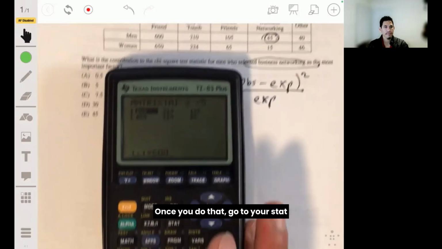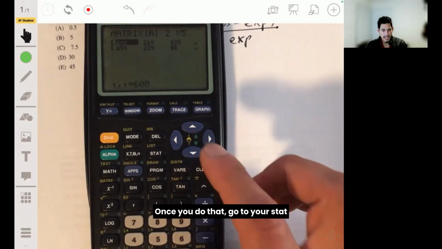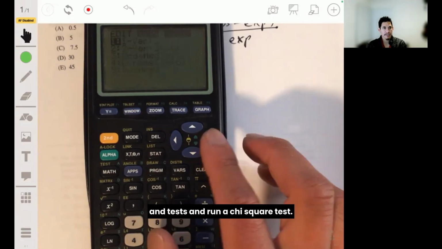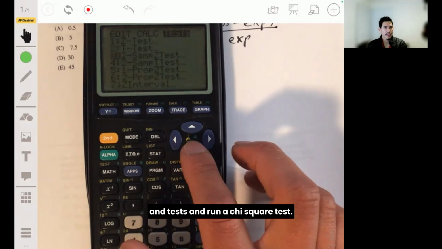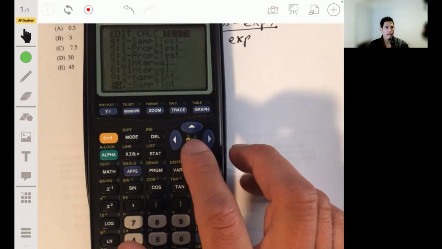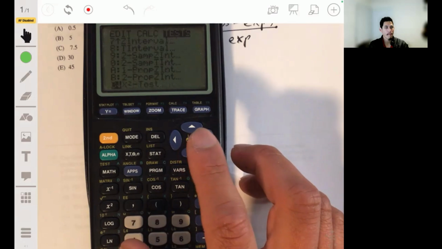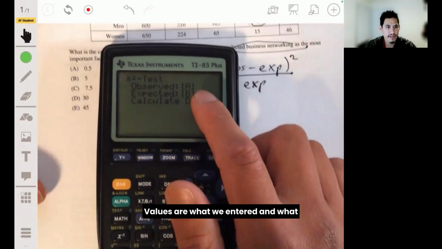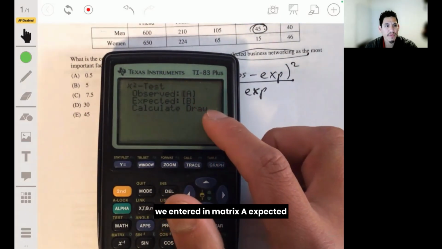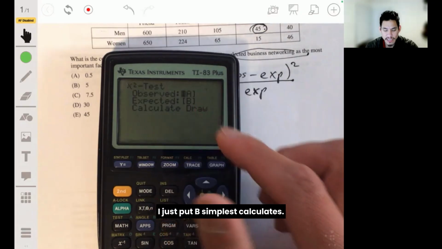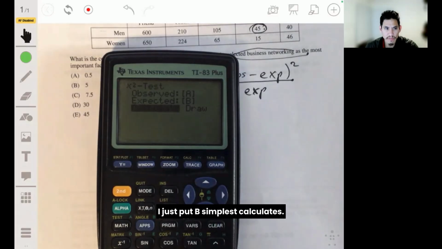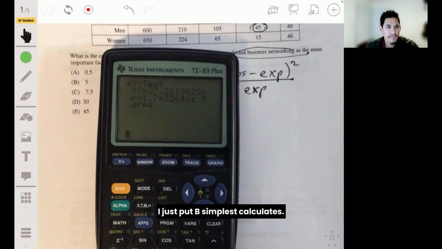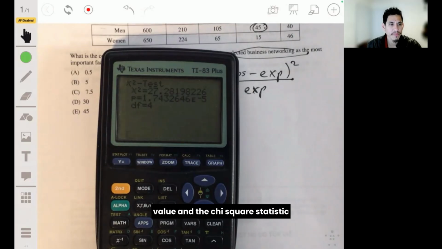Once you do that, go to your stat tests and run a chi-square test. There we go. The observed values are what we entered in matrix A. Expected can be any other matrix. I just put B because it's simplest. Calculate. This would give the p-value and the chi-square statistic.